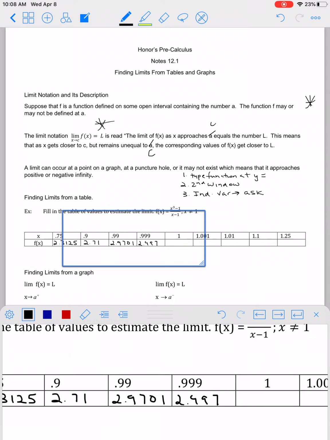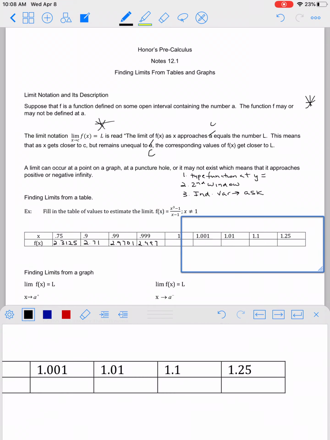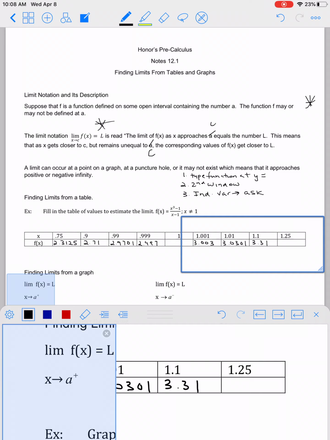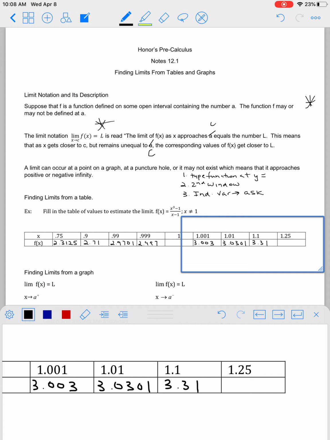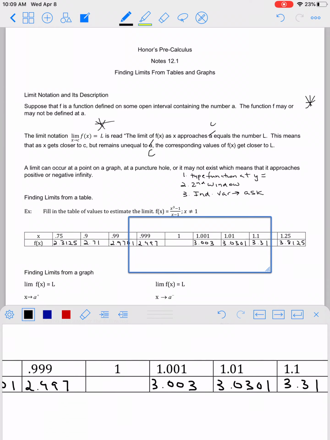And then we're going to look at the other side here. At 1.001, we get 3.003, and then 3.0301, and 3.31, and then 1.25, 3.8125.